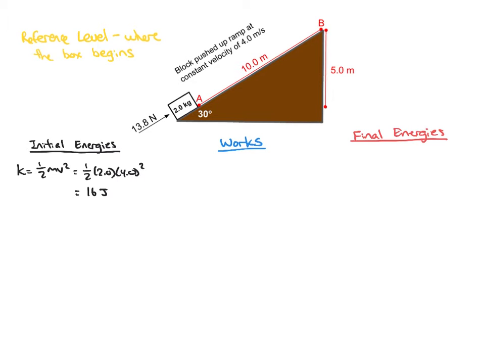And the gravitational potential energy, which is mgh, is going to be 0 joules because I have set my reference height where the block begins. So it's at a height of 0. And then my total mechanical energy would be the sum of these two. So it would be 16 plus 0, which is just 16 joules. Okay, so that's not so bad. That's part A.